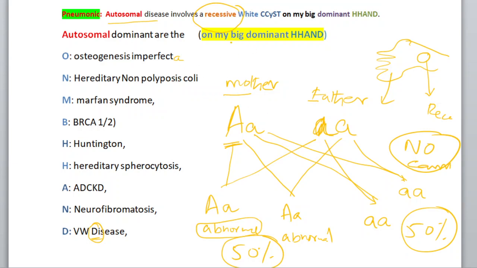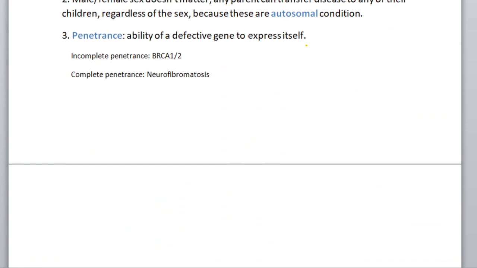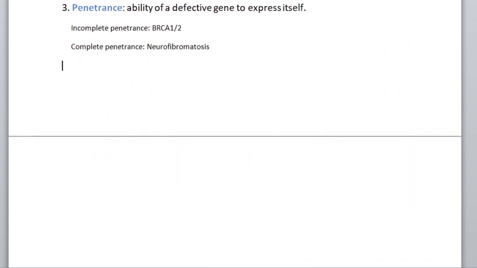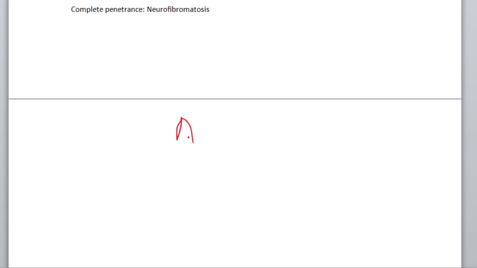All these conditions are like those on my big hand. Now let's make the father defective. The sex doesn't matter. So the father has the disease and the mother is normal.